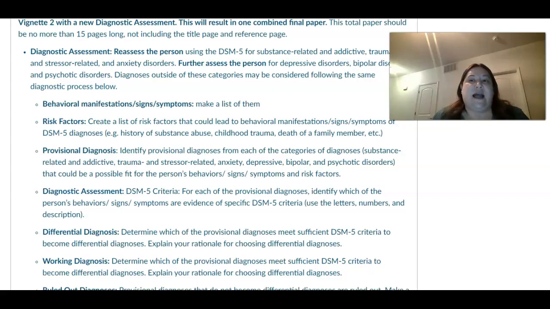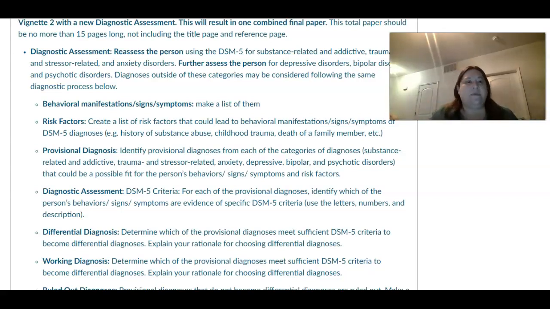For instance, in your previous assessment where you talked about behavioral manifestations, signs, and symptoms, now that you know more about depressive disorders, you might realize this person, and again, you're not going to go talk to them at all, but in your memories or in your notes, now that I've read about depression and depressive disorders, or maybe psychotic disorders, there are some signs that I missed, so I'm going to add them here.